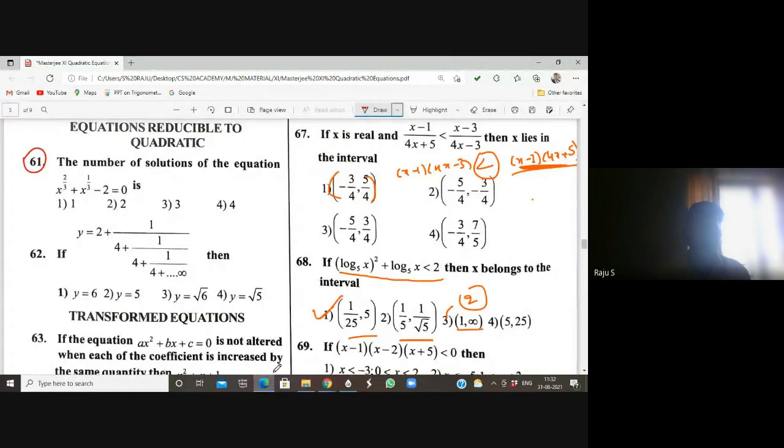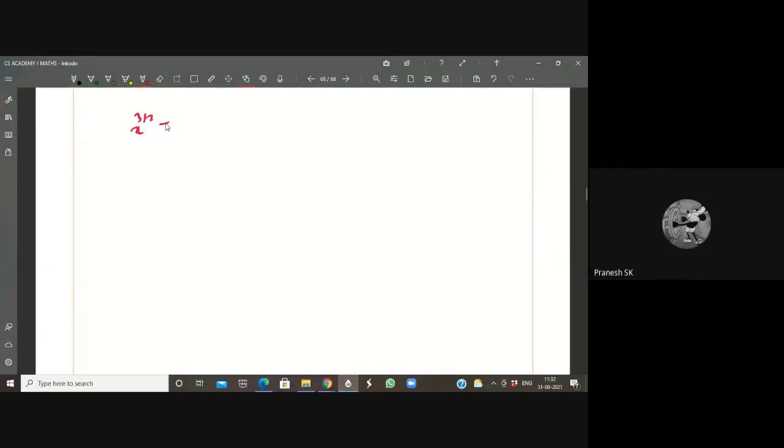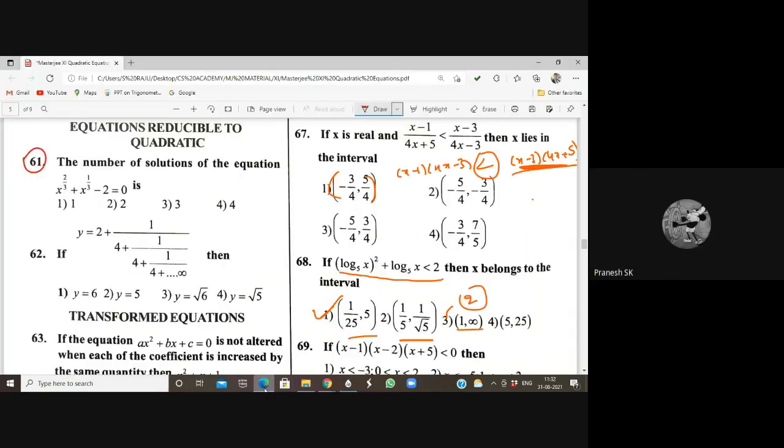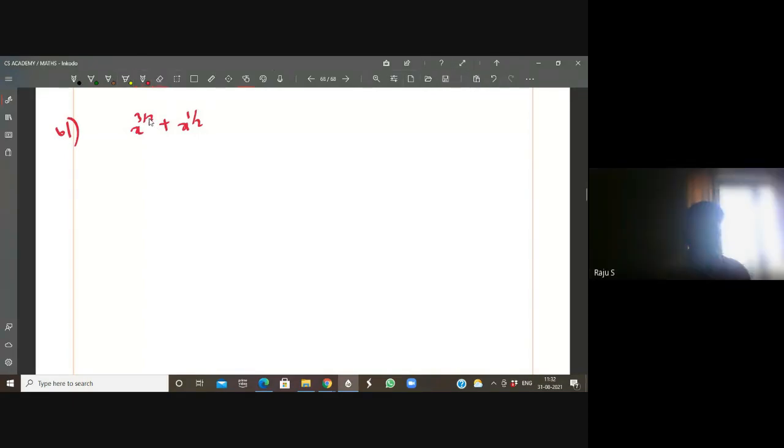The number of solutions for the equation x to the power of 2 by 3. If we take 3 by 2, what will happen? I have taken 3 by 2 instead of 2 by 3.